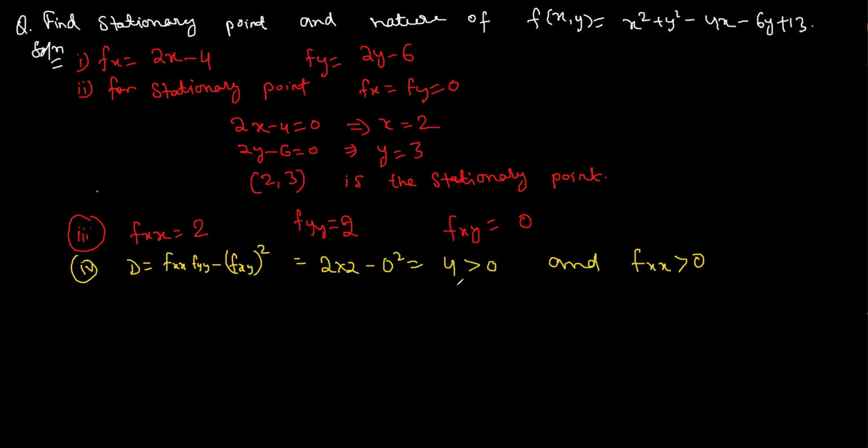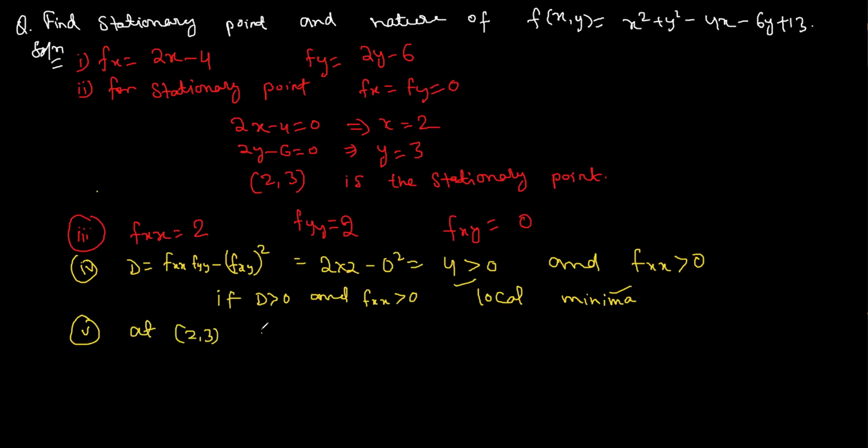If D is greater than 0 and f xx is greater than 0, you will get local minimum. Therefore, at (2, 3), f of x y will be minimum.